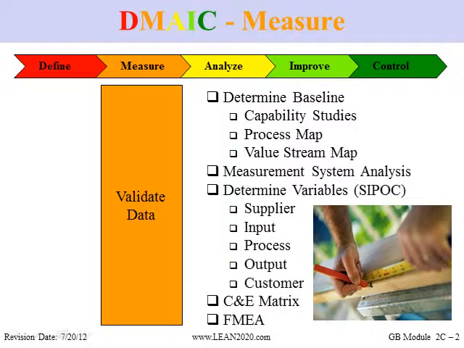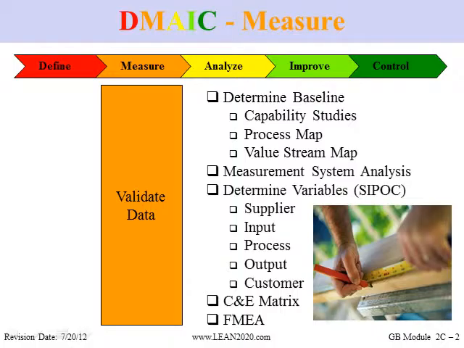We haven't necessarily validated which ones are the most important yet, but we are looking at the data that we have. We'll analyze it a little bit later, but right now what we're trying to do is understand the baselines as to where we are in our process, what are all those variables, and again, this is our starting point.